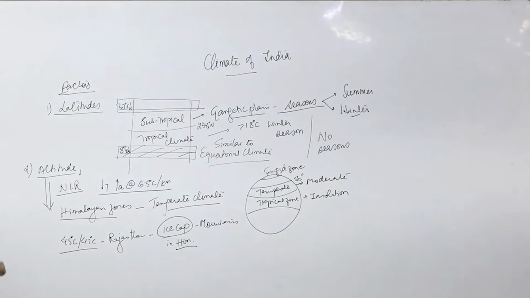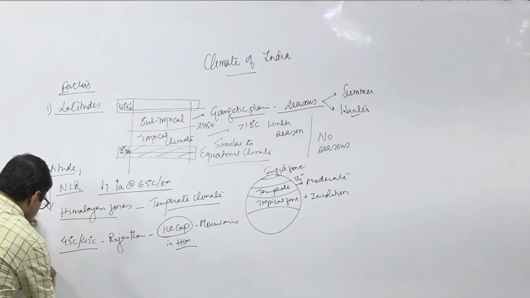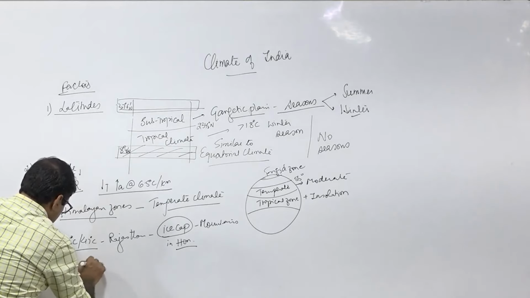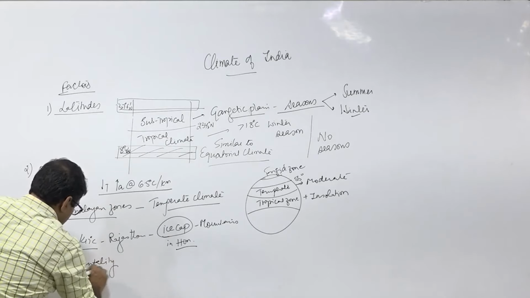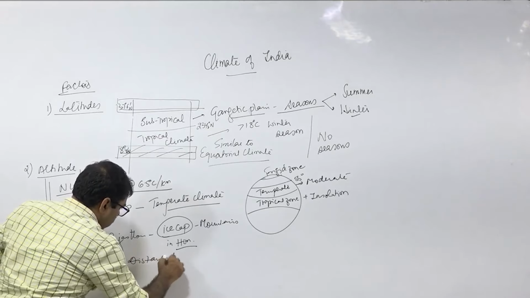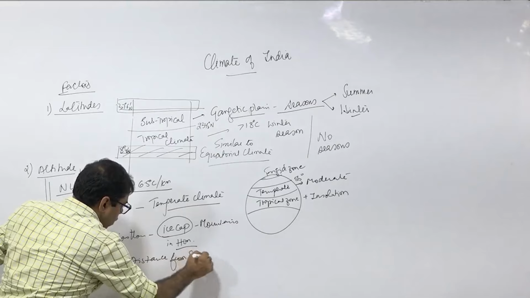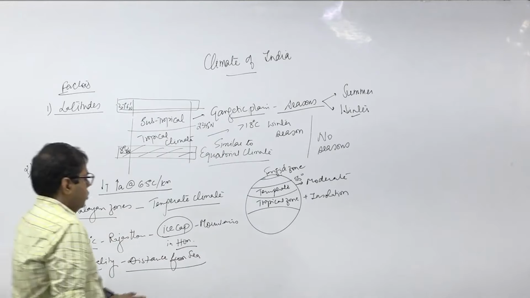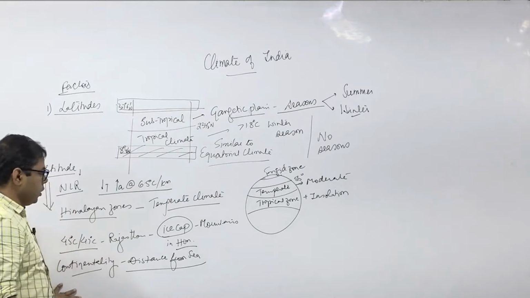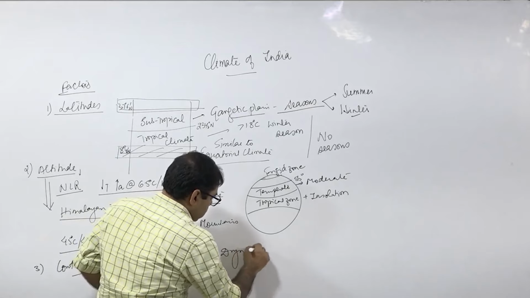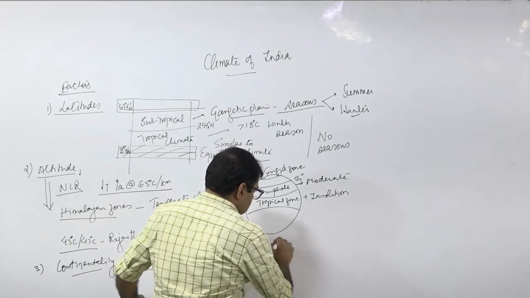Clear? Then after, number 3 is continentality. Continentality means distance from sea. So the more the continentality, the more dryness in atmosphere will prevail.